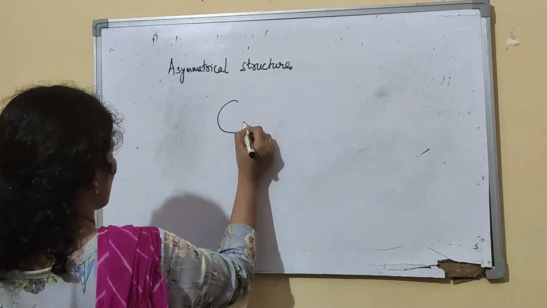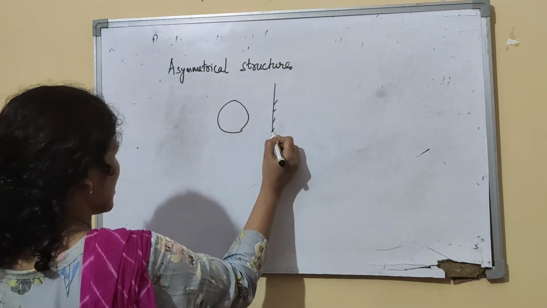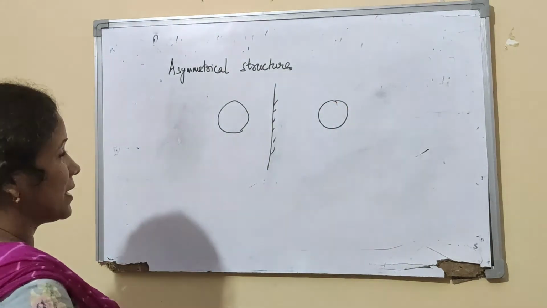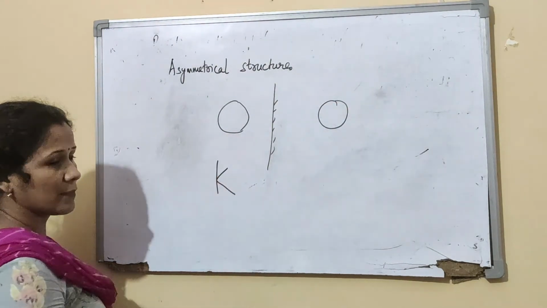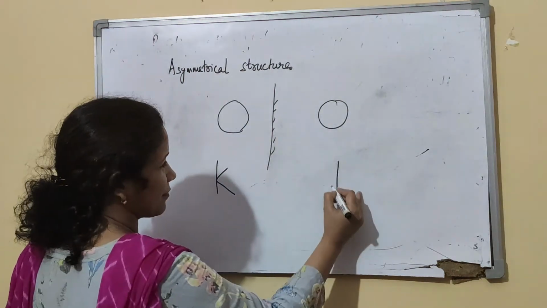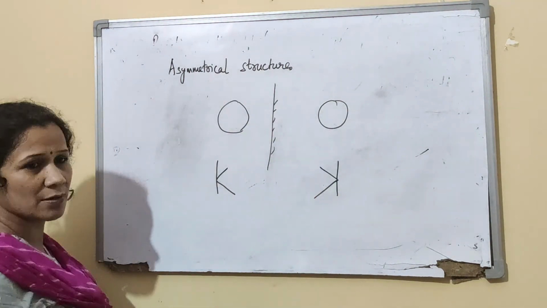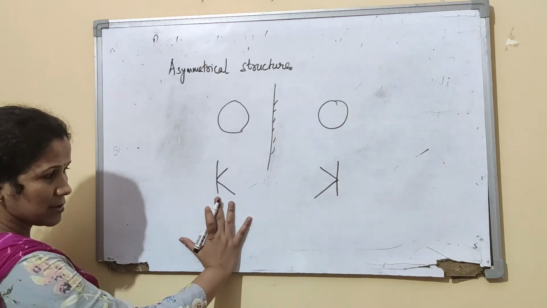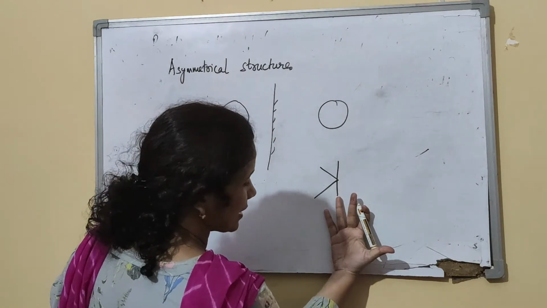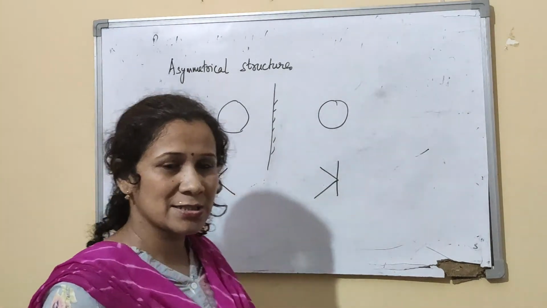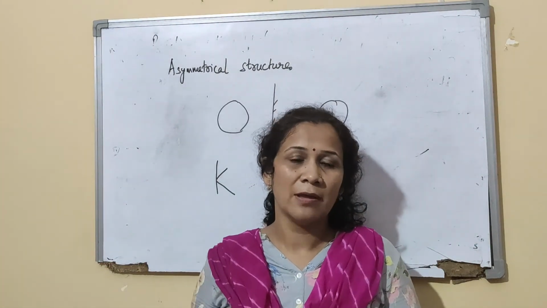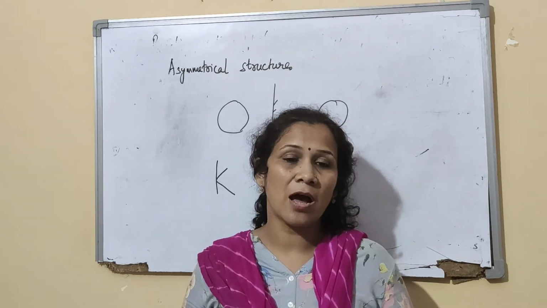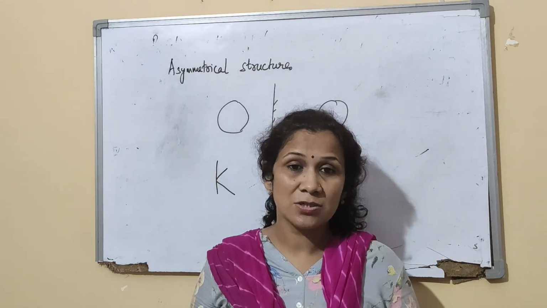If you write a 0 and put a plane mirror, you will see the image exactly like this, a symmetrical structure. But if you write K and see it through the mirror, it is not symmetrical. If you put a hand like this, the hand which will come on this side will be like this. So there are some structures which are not symmetrical. If you see their mirror image, it will not be the same. Such structures are known as asymmetrical structures.